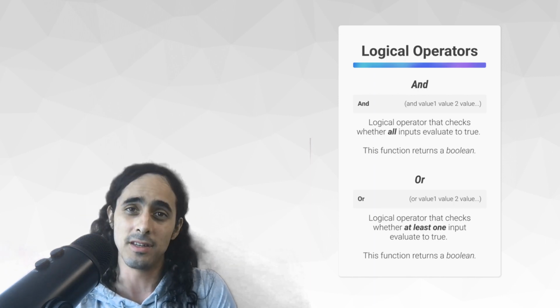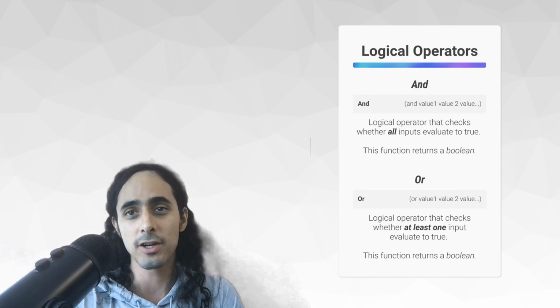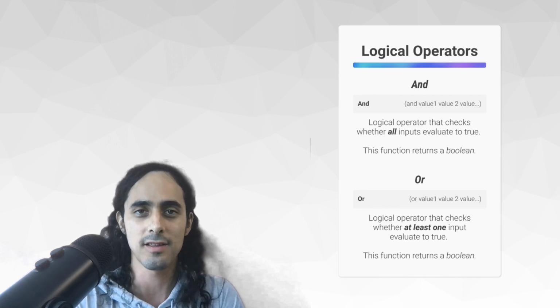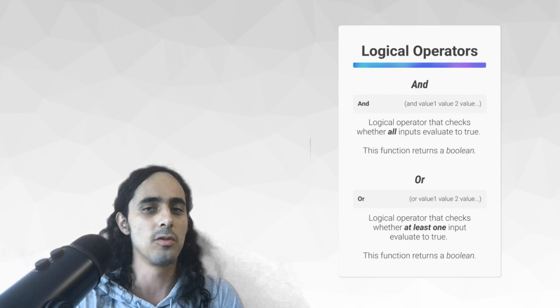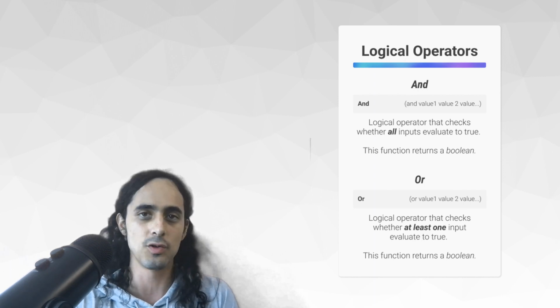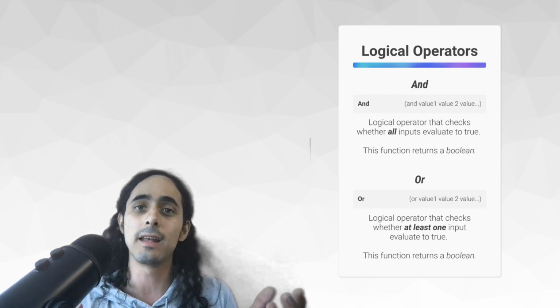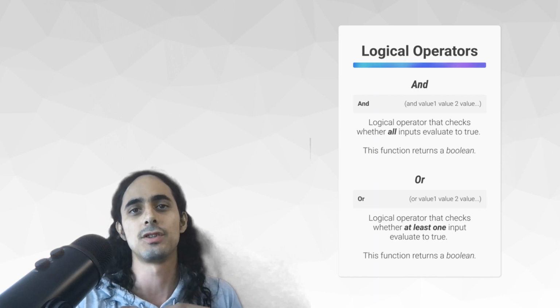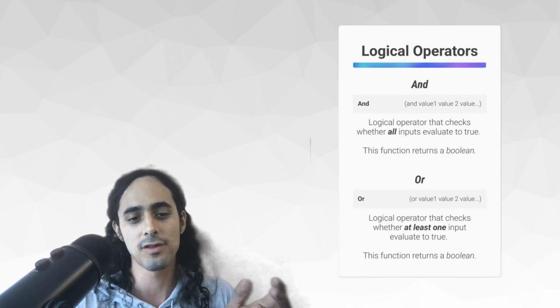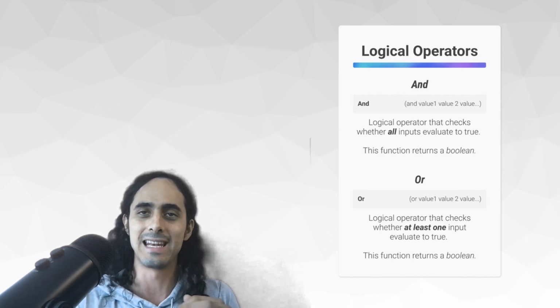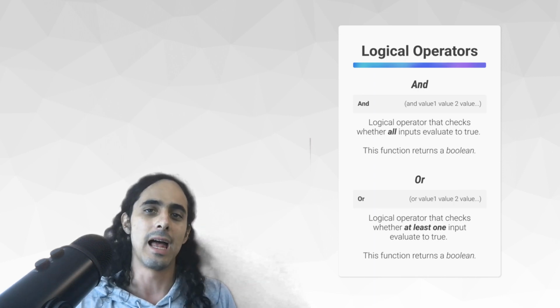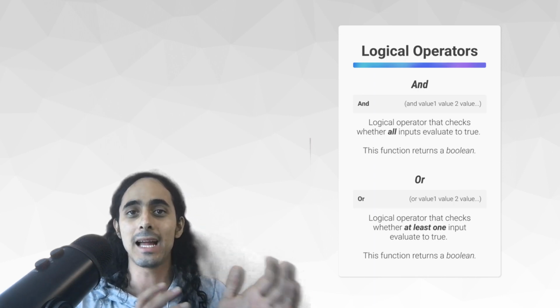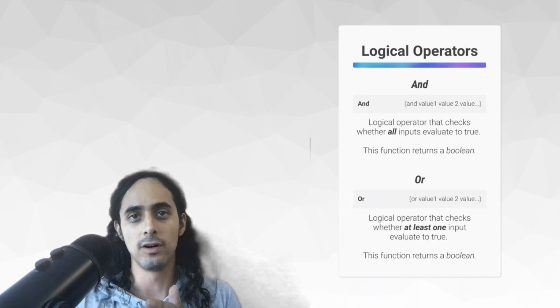Day number 7. While we finished primitive data types the last couple days, today we're going to learn about two of the most universal operators that, in addition to concat and simple math operators, are seen in every programming language. And that has to do with and, or.